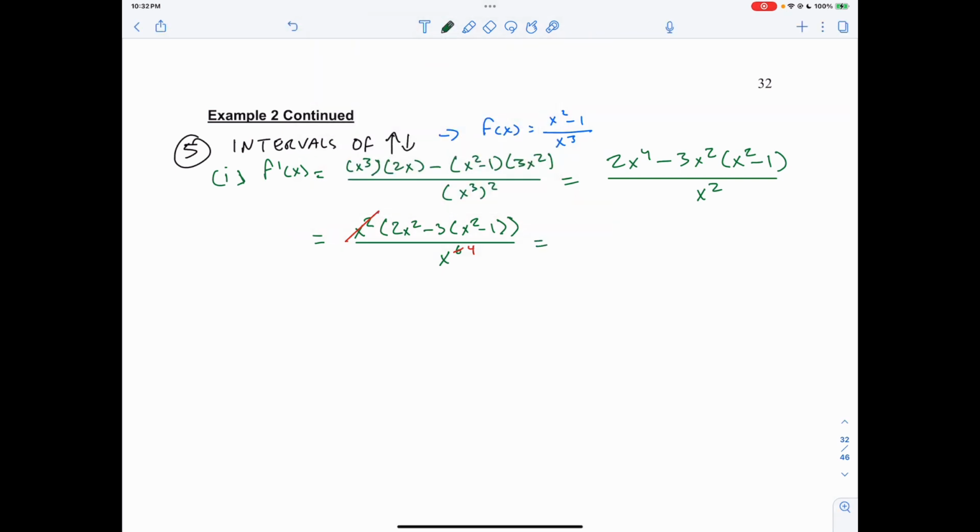And that's going to give me negative x squared plus 3 all divided by x to the 4. I'm going to factor out a negative from the top.